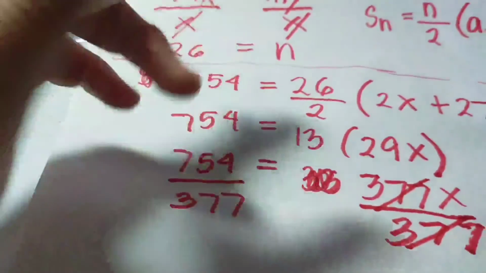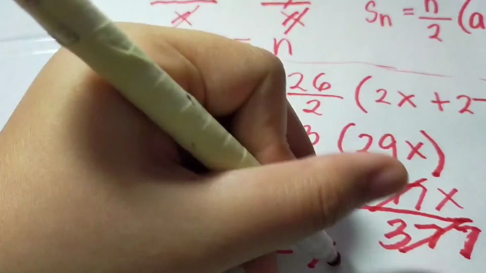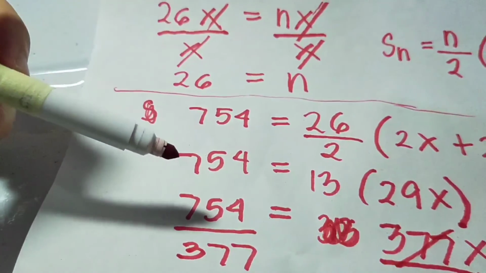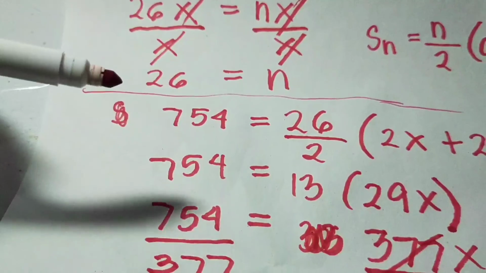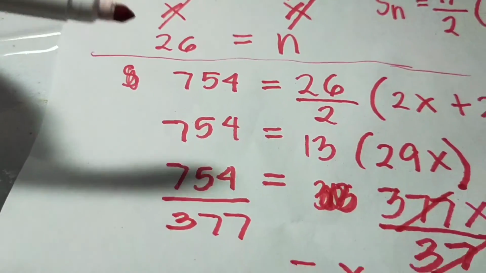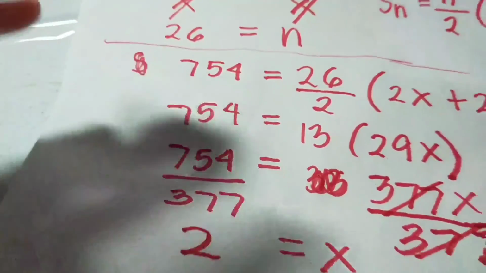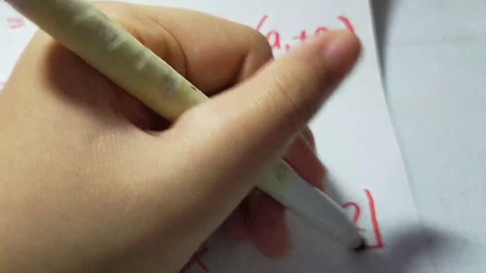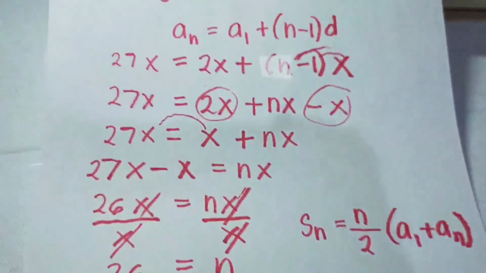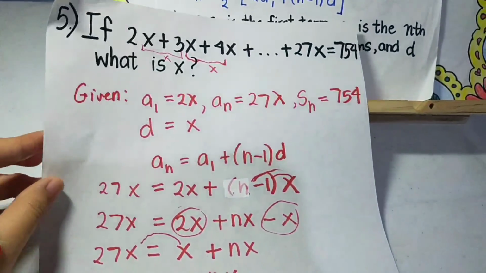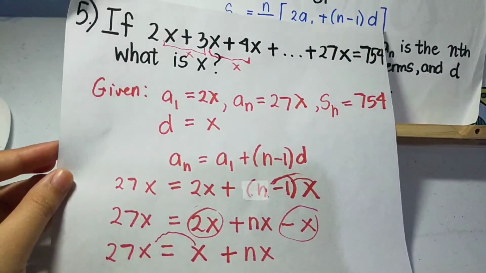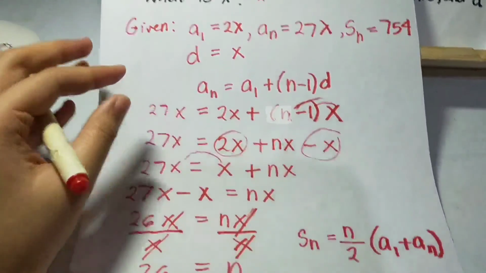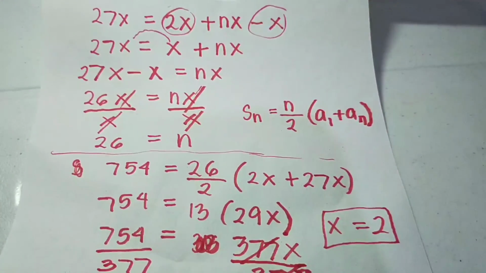Cancel ito. x equals to 754 divided by 377 is equals to 2. So our final answer is x is equals to 2. Our answer for this number 5 is, when it comes to what is x, x is equals to 2.